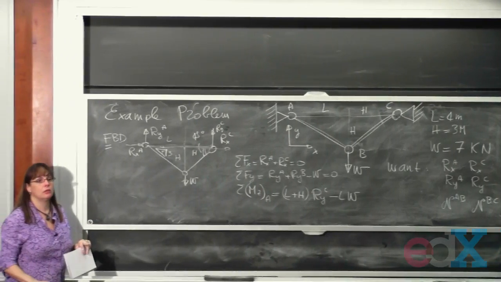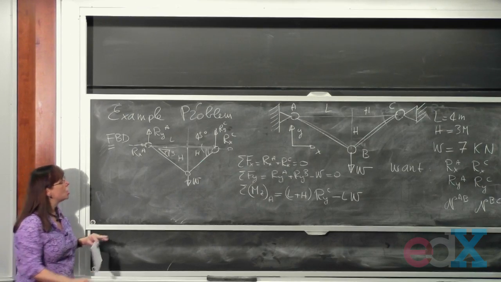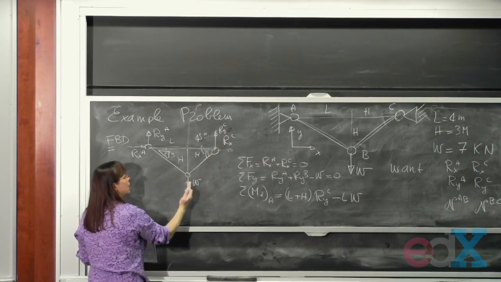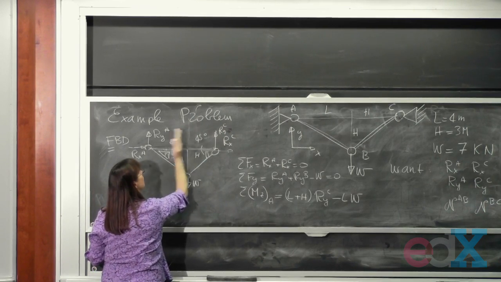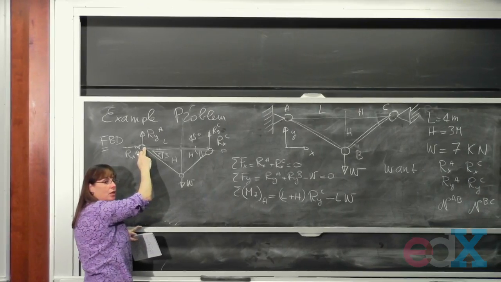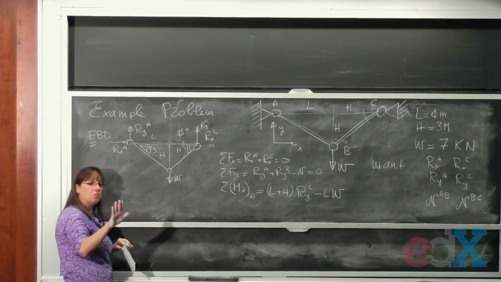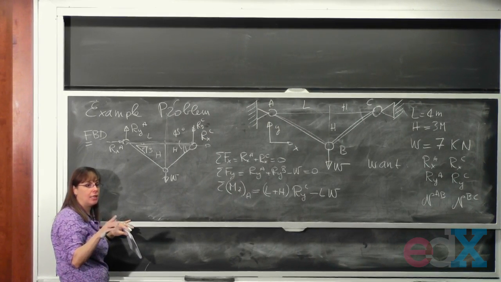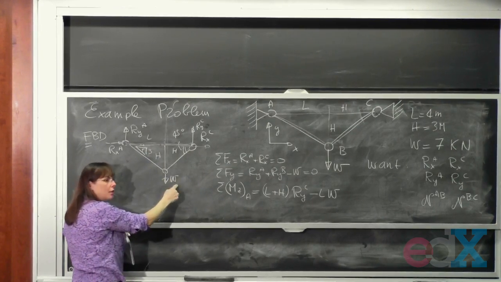Anything else? Wait, you're saying W is the distance of L from point A? Yes. So you can do this moment two ways. You can do it by saying the arm of W, the line of W, is a distance L from the pivot, and which way is it pointing? That way. If I'm not comfortable with that, you can do it in the Cartesian way and say the moment Z is minus RxWy.